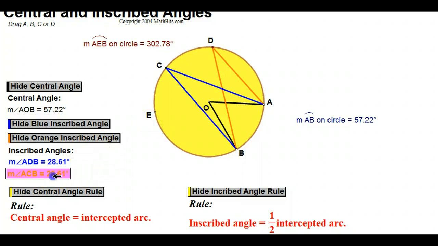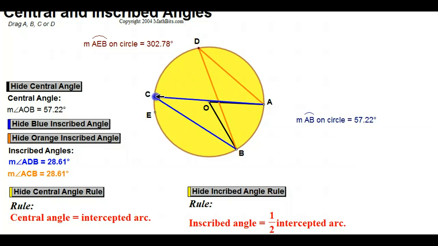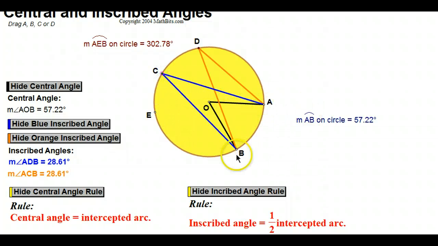And let's look at the angle measurement of ADB and ACB, and as you can see, they're the same. So even though C and D are different positions on the circle, because they both share the same intercepted arc, then that means that their angle measurements must also be the same. And so we're going to come and look at that a little bit later.